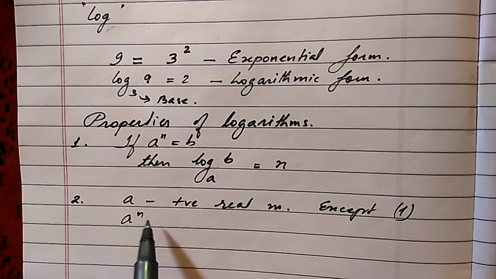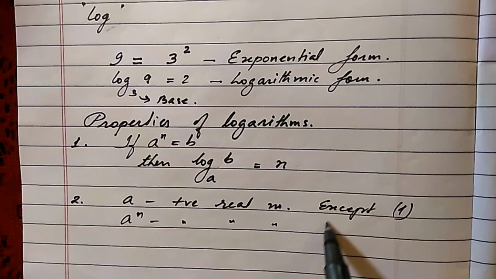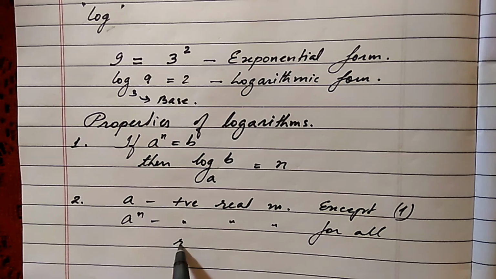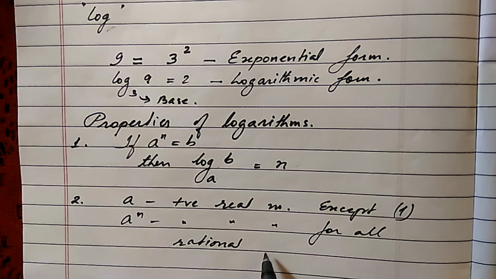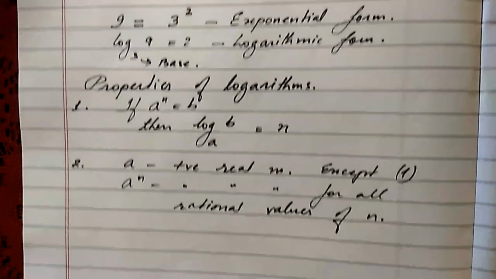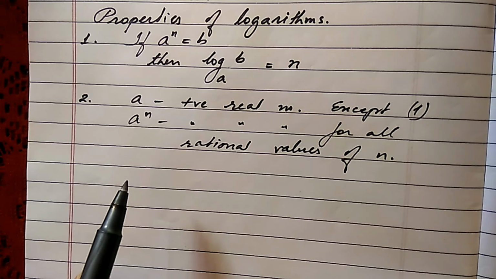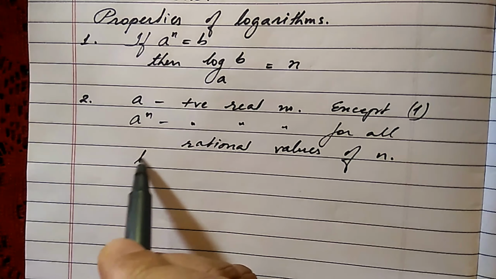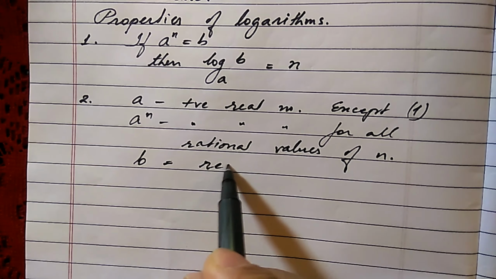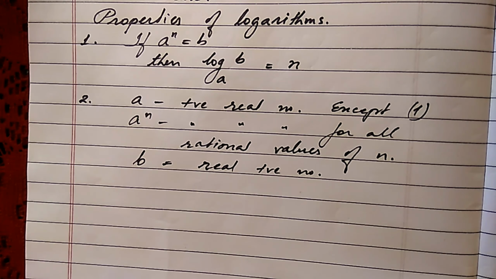Then a to the power n will also be a positive real number for all rational values of n. So b will also be a real positive number. That means log is defined for positive real numbers only.